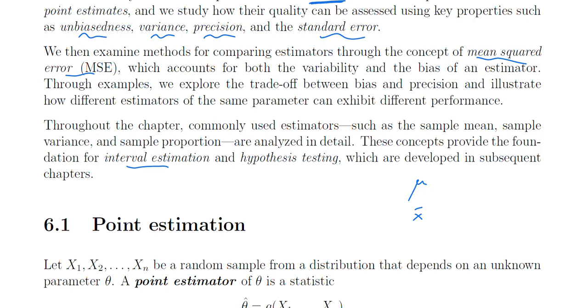So just giving one value as a point estimate is not a very good way. It's the least we can do. Rather than giving just X bar, we can tell a range of values, an interval, in which mu can lie. That would give a bit more information about mu. That we're going to learn in the next chapter.